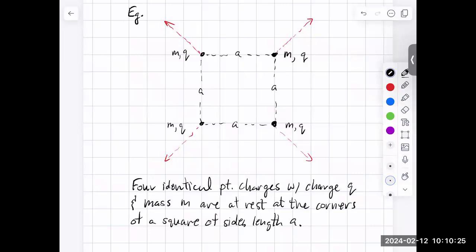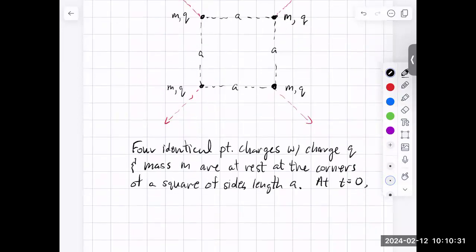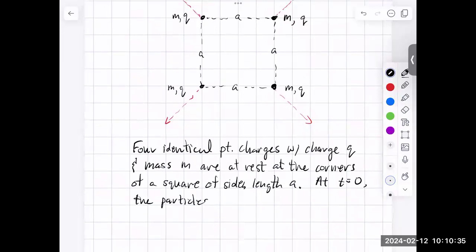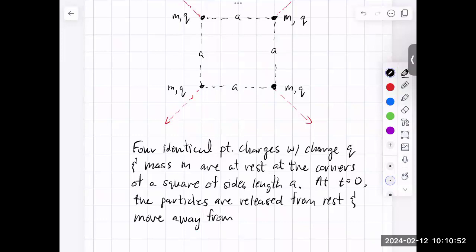They're released from rest. So say at t equals 0, the particles are released from rest and they move away from each other due to the Coulomb repulsion.